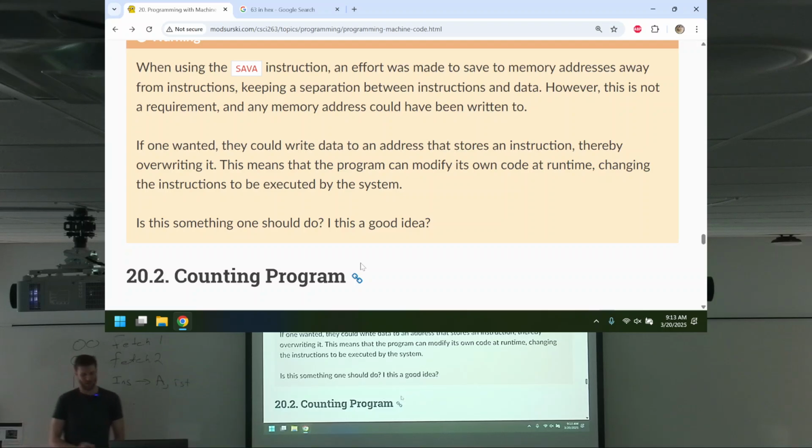Imagine I actually had an instruction that was like, this wouldn't quite work with our system, but maybe I can make a point here.